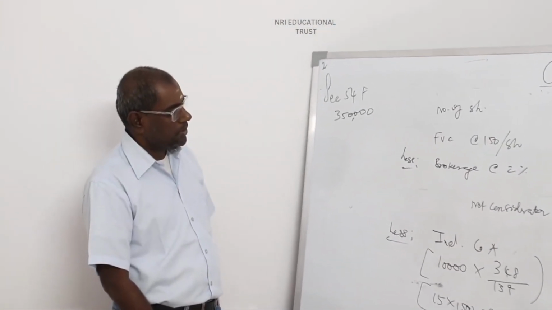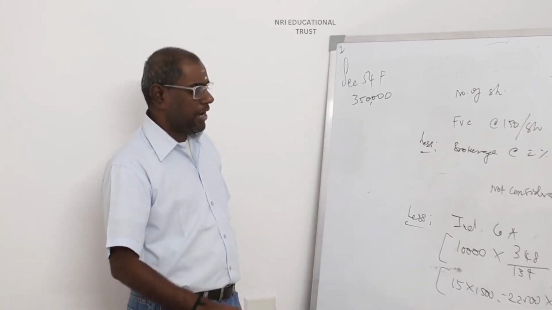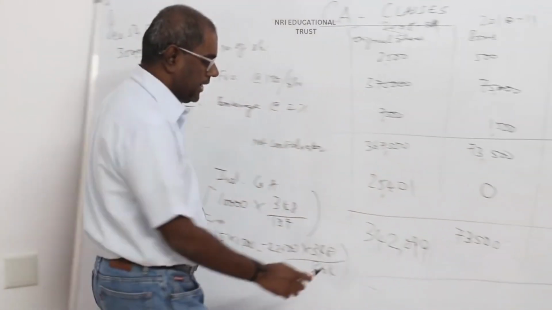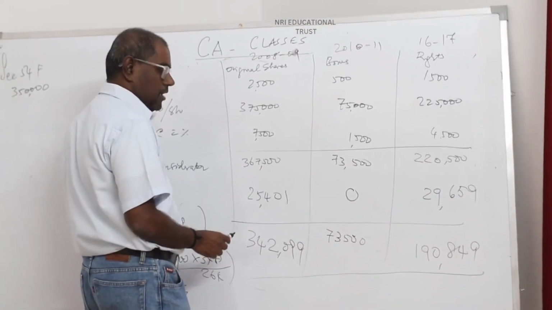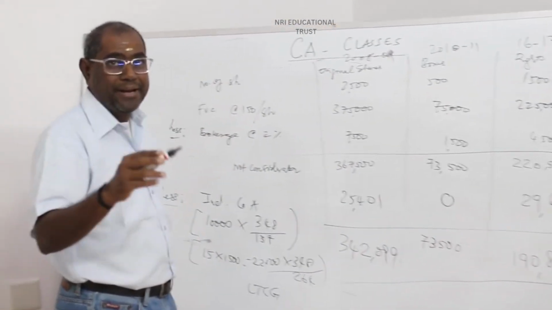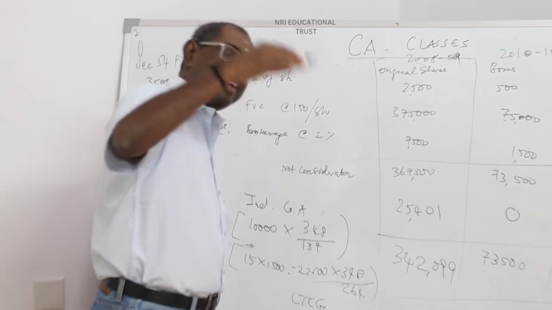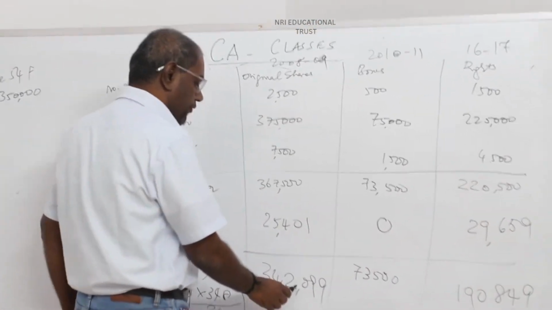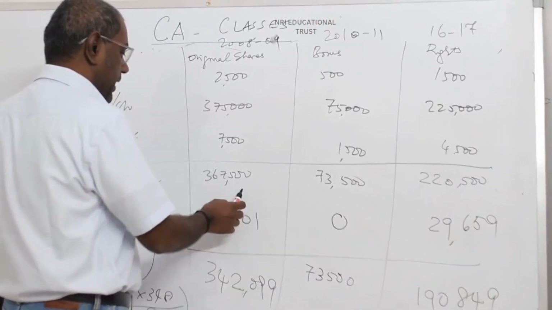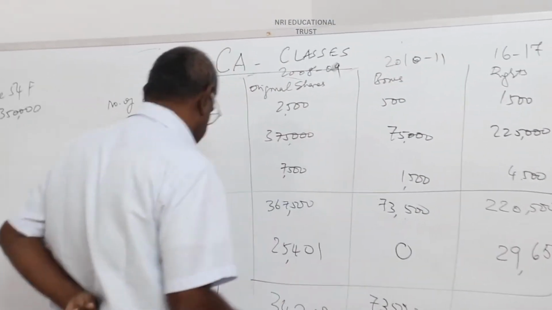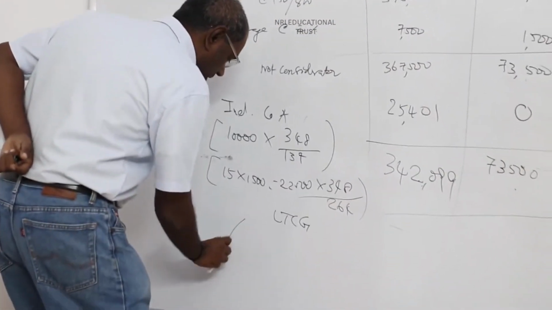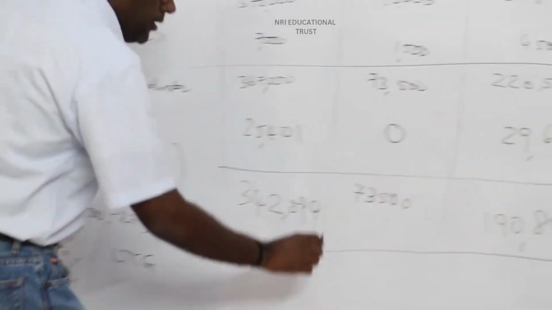That's what is called ranking. In which order do we have to compute? Capital gain divided by net consideration, because 54F is a capital gain exemption based on net consideration. 3,42,099 divided by this, divided by this, divided by this. What is the percentage?